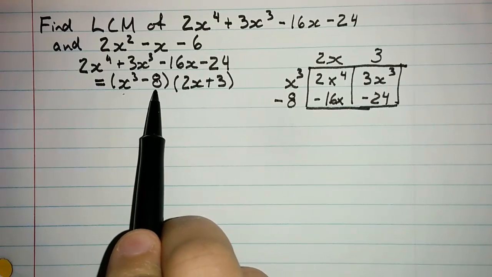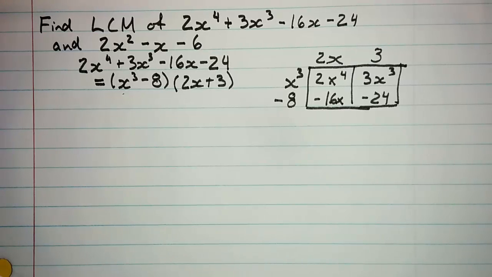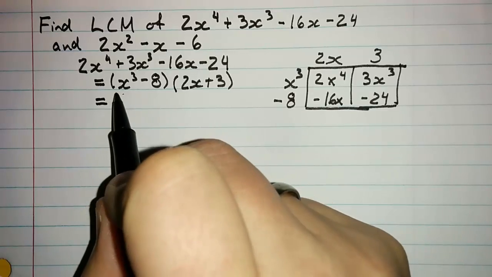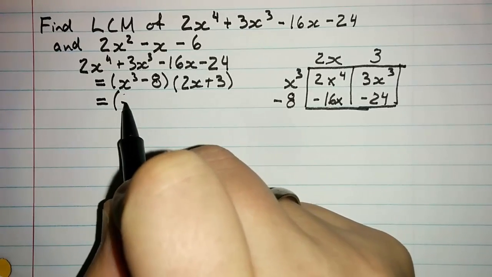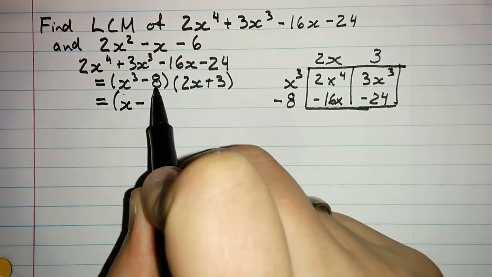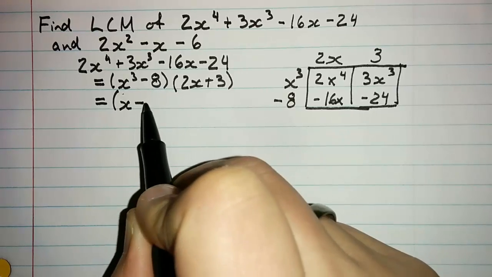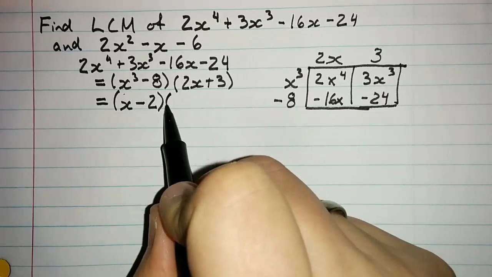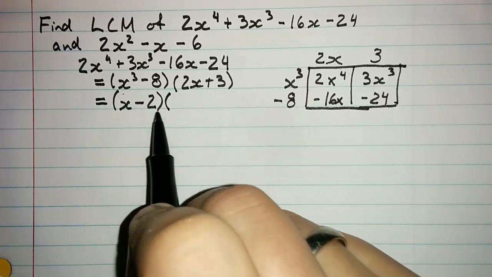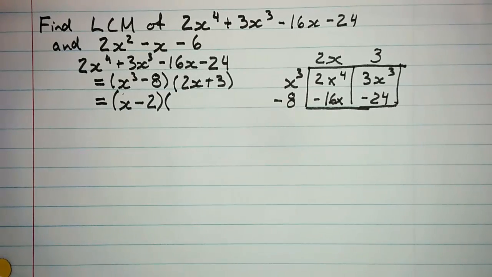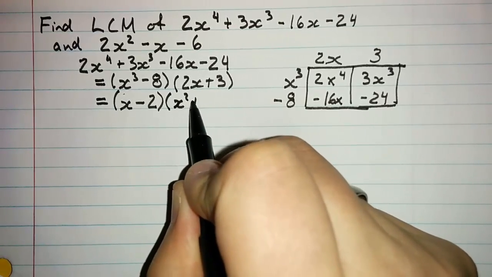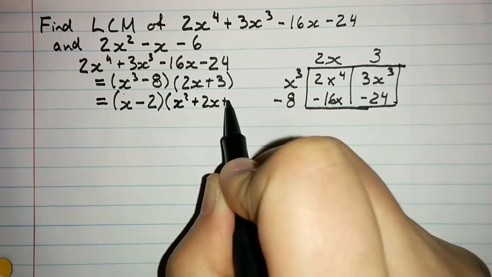What's this guy? Right, he's a difference of cubes. We can factor him as such. First factor will be x minus, 8 is what cubed? 8 is 2 cubed. So we'll have an x minus 2. Second factor is every possible product of x and 2: x squared plus 2x plus 4.